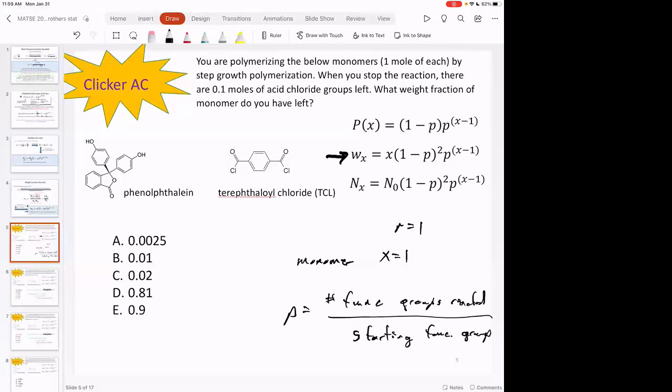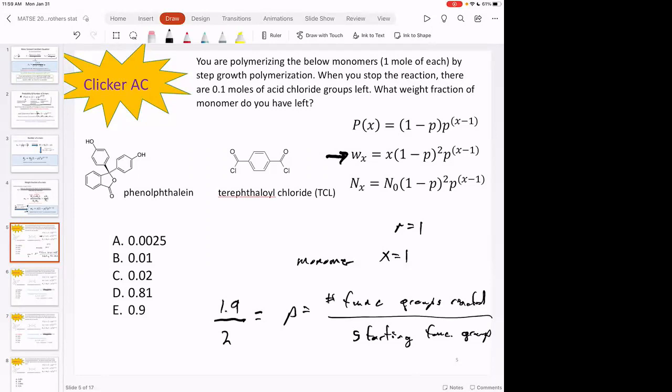Because we have 1 mole of monomer, so we get 2 moles of functional groups. And then we have 0.1 moles of acid chloride groups left, which means how many groups reacted? If I have 0.1 at the end and I started with 2, how many reacted?